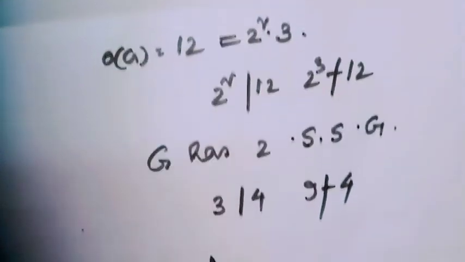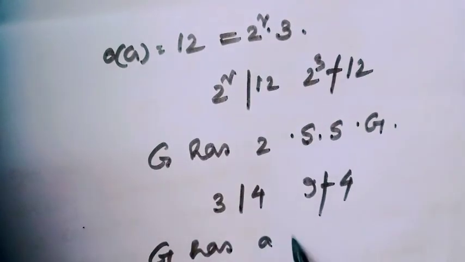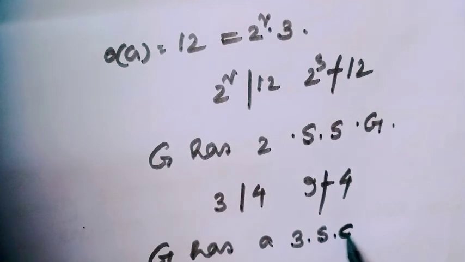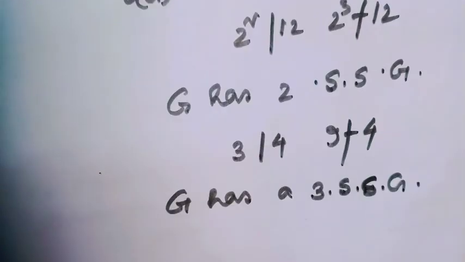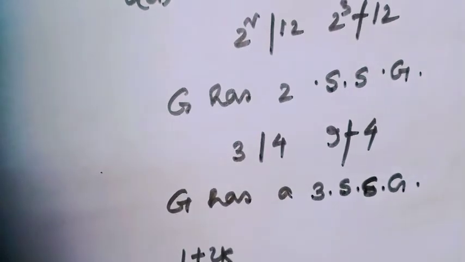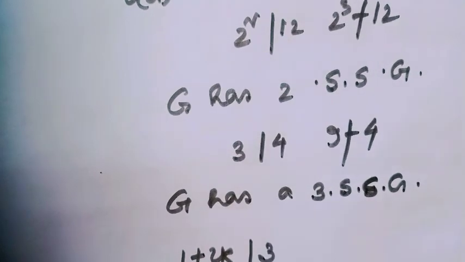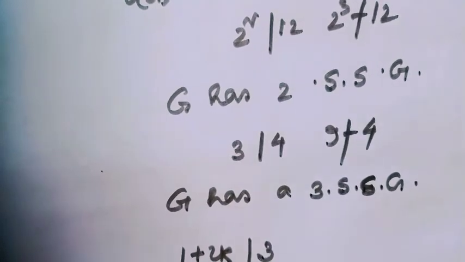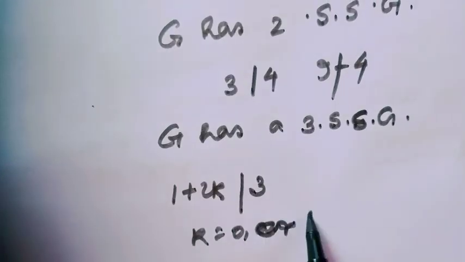So by Sylow's theorem, G also has a 3-Sylow subgroup. Okay? And the number of 2-Sylow subgroups is 1 plus 2k, and 1 plus 2k should divide 3, and this is possible for k equal to 0 or 1.